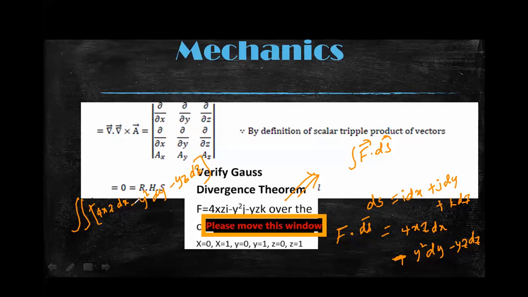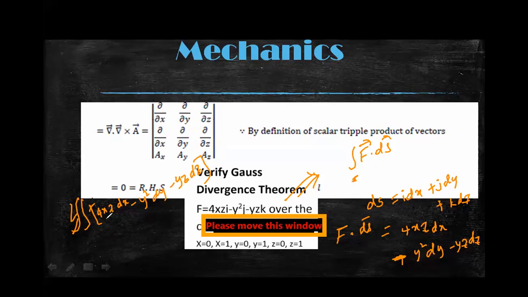It's a surface integral, so you have to do it twice, but which one should you take first? That's the question. Can you do dx dy, or dy dz, or dz dx? Which one do you have to hold first? So first do it with respect to this.